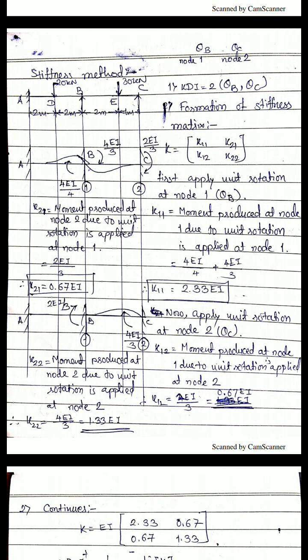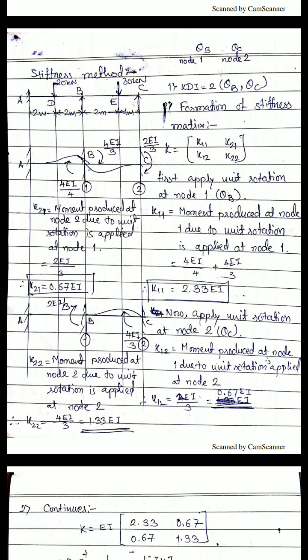So once again you can see, if you try to rotate joint B in a clockwise direction with unit rotation, let us forget about the AB span because node 2 is at point C. For C, the moment produced at B is 4EI by L, a positive value in the clockwise direction. That value will be transferred to C, but that carryover will be half of the moment produced at node 1.